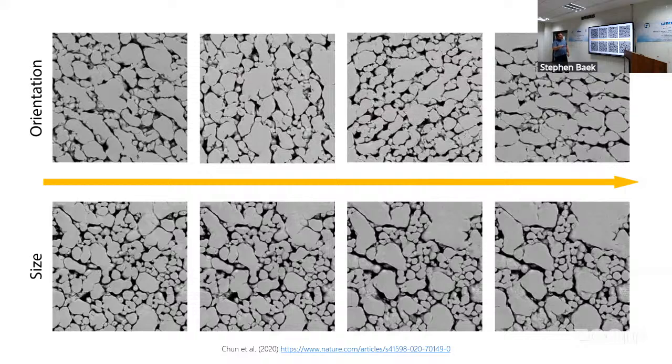So from left to right, you can see that at the beginning it is kind of slanted, so minus 45 degrees, and then it is vertically standing, and then plus 45 degrees in this direction, and then they're all laid down horizontally. You can control that. Or you can also control the size of the grains. So as you go to the right, you see that the grain size is much larger compared to the ones on the left.